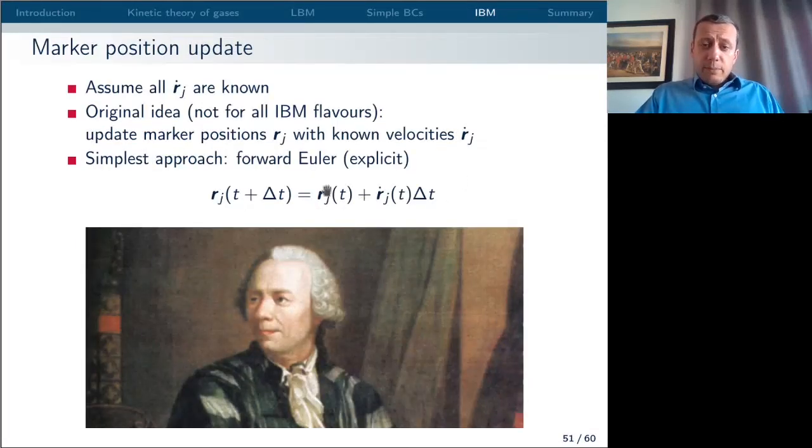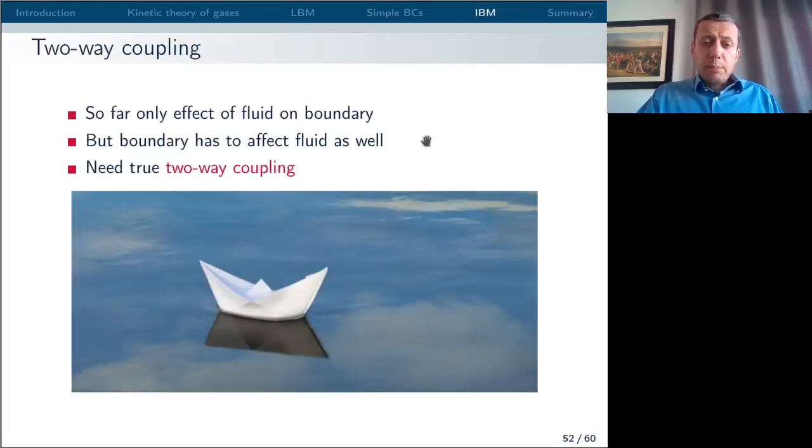Right. How do you update the markers? I told you that each marker should move together with the fluid, but how do you do that? Well, the simplest idea is to use a forward Euler approach. You take the old marker position, you have computed the speed of your marker in the interpolation step, you multiply it by the time step, and you get the new position. But we need a two-way coupling, because the marker will not just follow the flow.